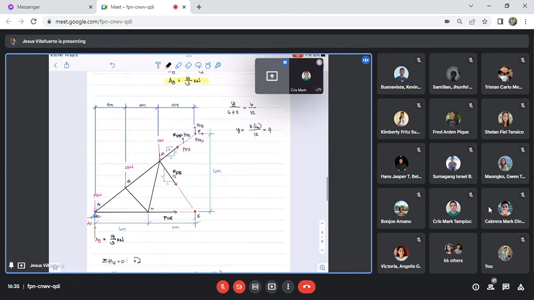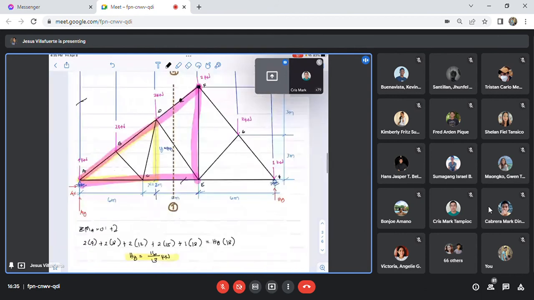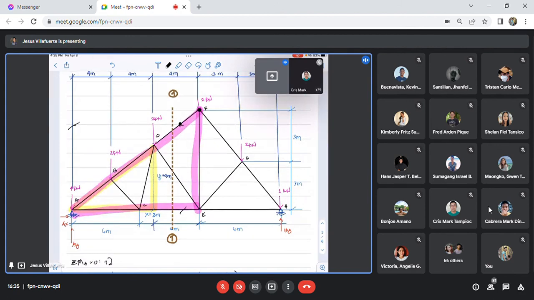FDF and FDE. So, probably you can try to solve other members, like FG, and then EG. You should try that. When you study, you should try to solve these members, FG, EG, and then EH.